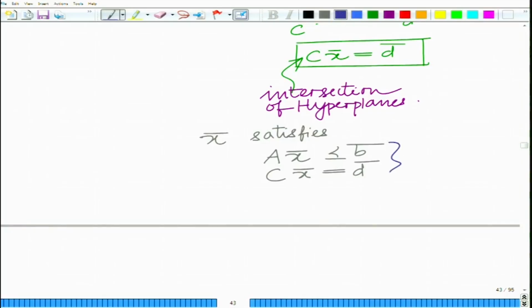This region represents what we know as a polyhedron. That is, an intersection of a finite number of hyperplanes and half spaces basically represents a polyhedron.